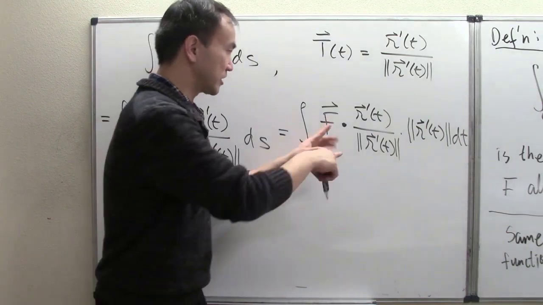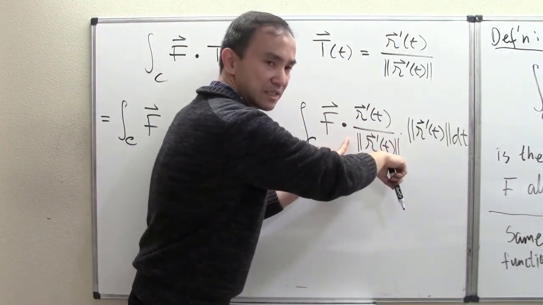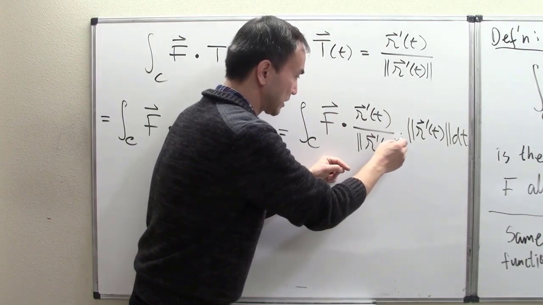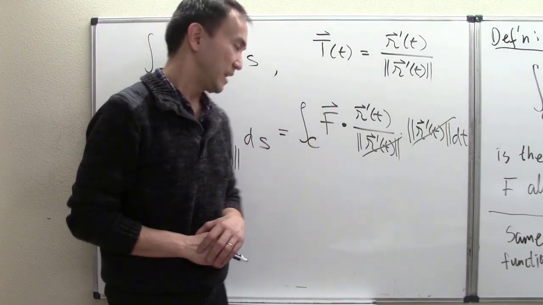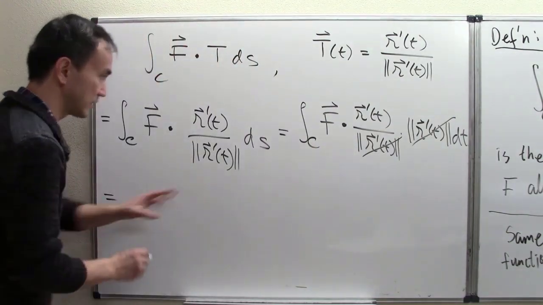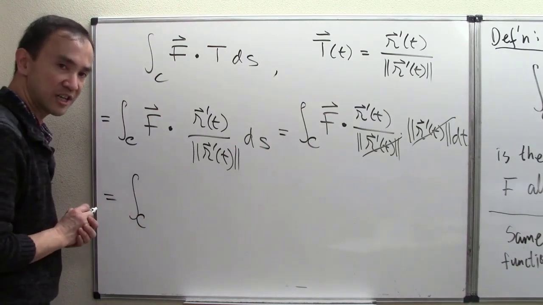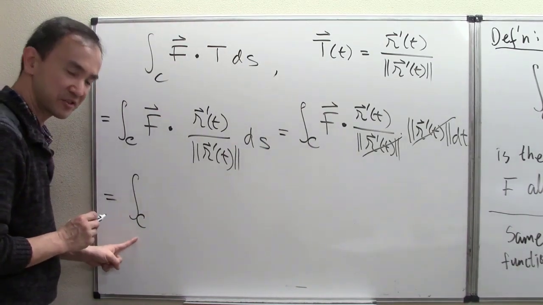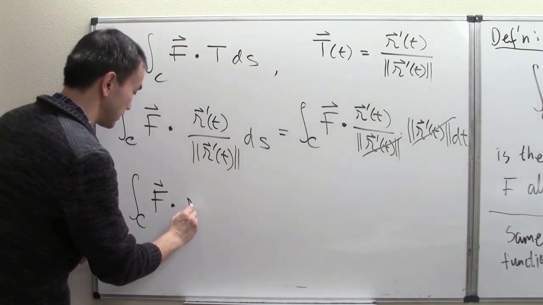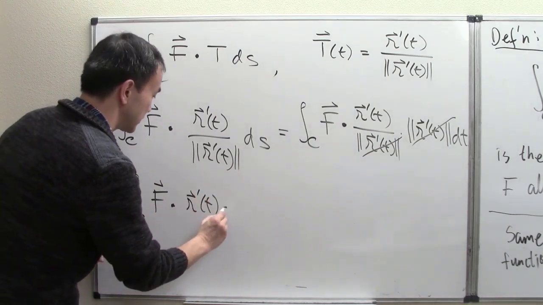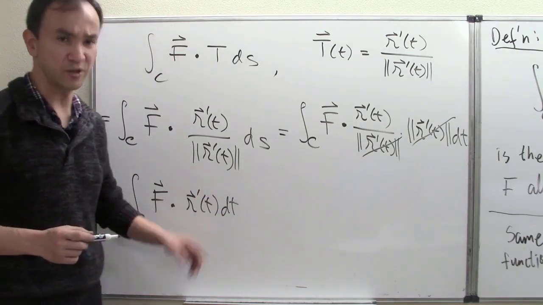In the way dot products work, you can multiply this scalar with that other vector. And so these two expressions can be cancelled away. In the next step, the expression becomes the integral along an oriented curve C of F dot R prime of t times dt. So we've gotten somewhere.